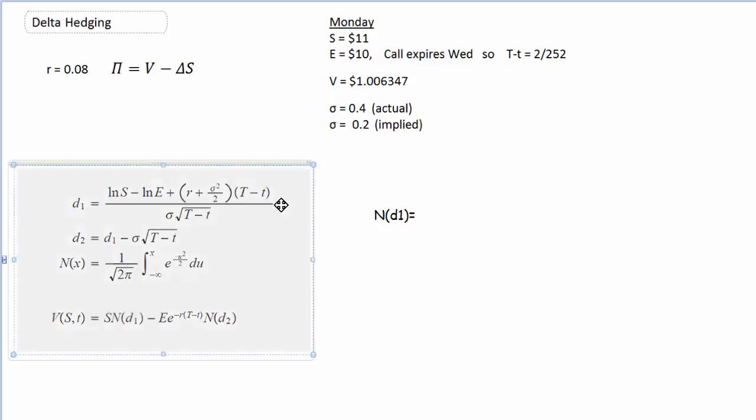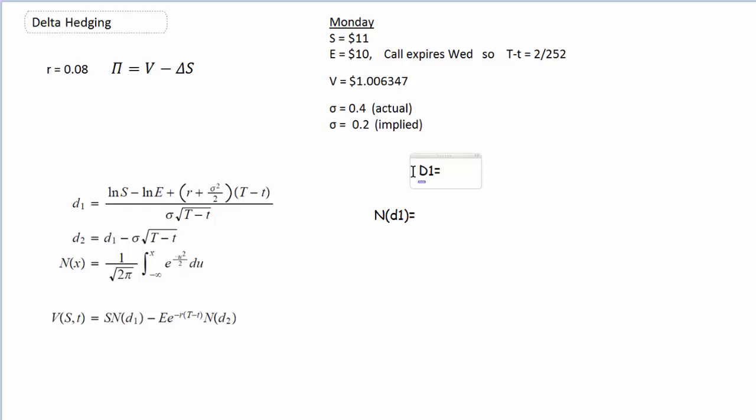So I need to calculate what d1 is with the actual volatility, and I get 2.71027-ish. That's using the actual volatility.